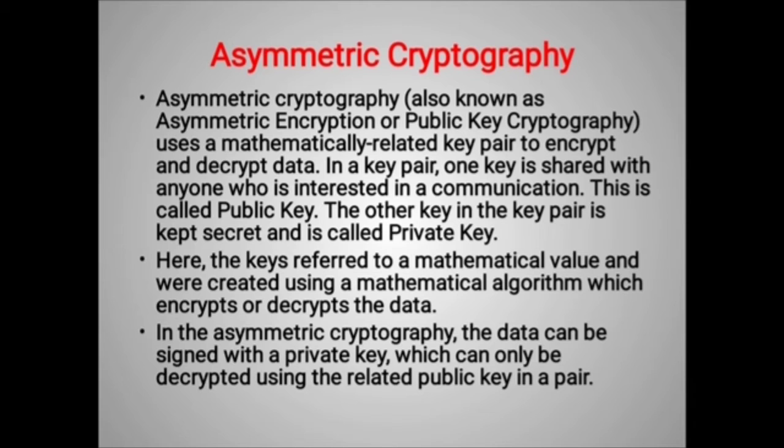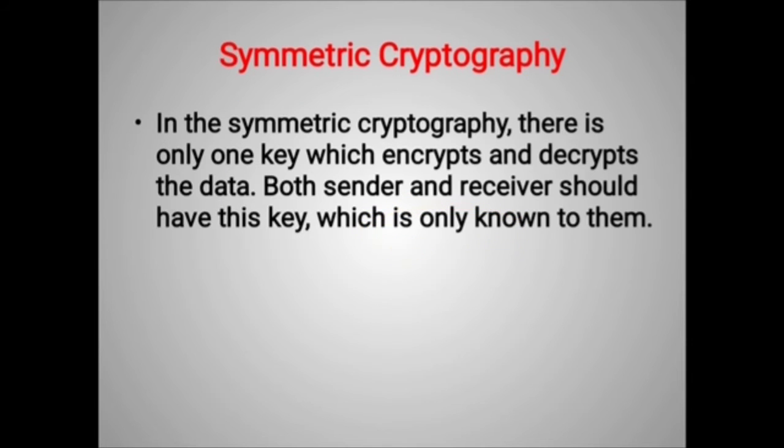For that to be possible, we need mathematically related key pairs. We have certain algorithms, and we make programs in some good language or networking client side scripting languages, through which we can create a key pair. One is known as a public key and one is known as a private key.